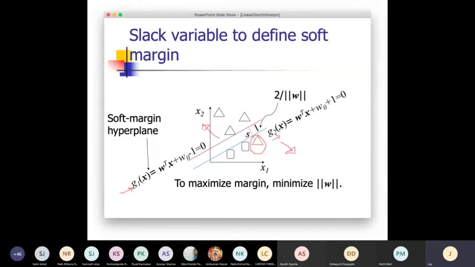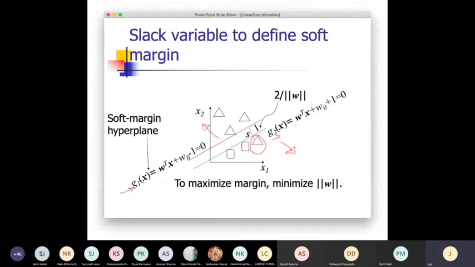Once again, the part of the objective function remains the same, because we would like to maximize the separation between these two soft margins. That means we would like to minimize the norm of W, the normal vector of the hyperplane, and also minimize the number of deviated samples using these slack variables.